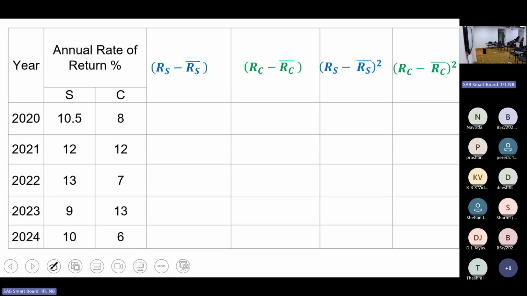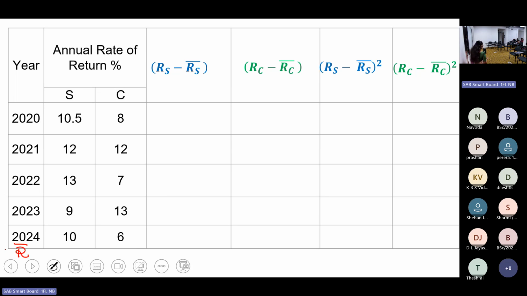I hope you all can remember the standard deviation calculation and other things. So these are the returns of S and the returns of C. First, calculate the average return, R bar.